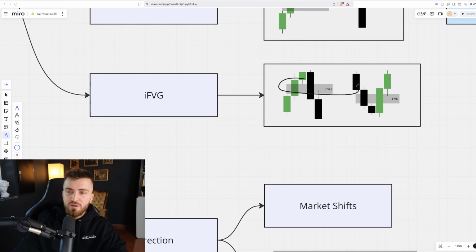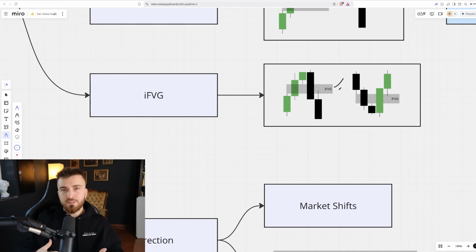But the inverted fair value gap is basically a bullish fair value gap that gets completely disrespected. How does it get disrespected? When the candle closes below or above, on a bullish fair value gap and on a bearish fair value gap respectively, because that means that this fair value gap did not hold. What is the purpose of a fair value gap?